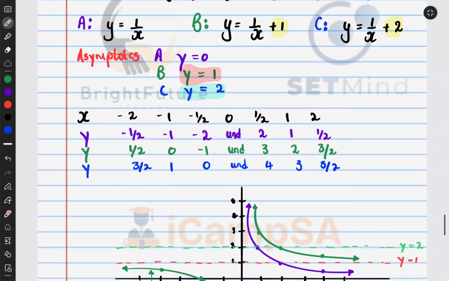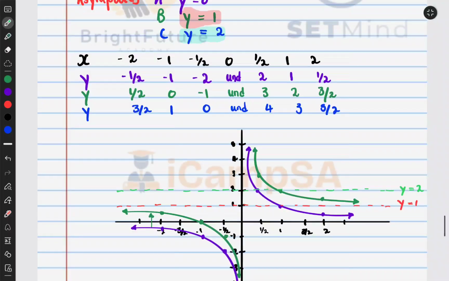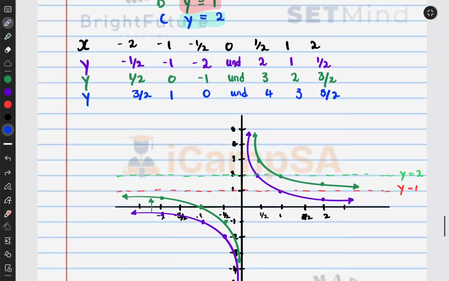Let's go ahead and sketch the coordinates that we have, where x is equal to negative 2, y is equal to 3 over 2, which is 1.5. So negative 2 and 1.5 would be there, and then we have negative 1 and 1, it's right there.